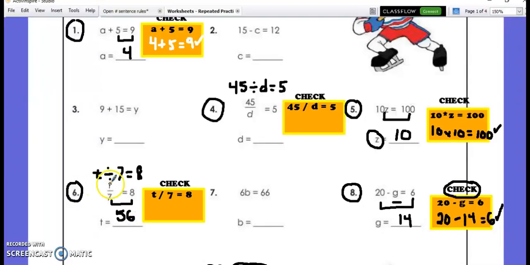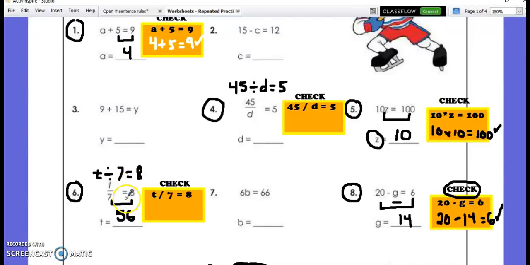Please understand that a fraction is nothing more than a division question in disguise. Please get used to rewriting this fraction as a division question that you're used to seeing, which in this case would be t divided by 7 equals 8. It's important that you rewrite it, because then when you check it, you can see, oh, my variable is in the first position.